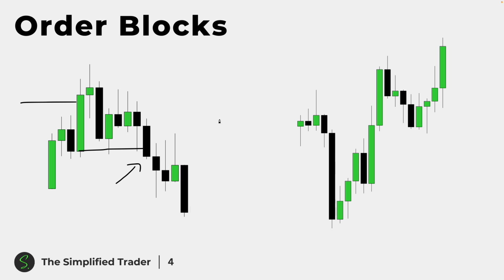A change in the state of delivery is the process that forms an order block. So I might use change in the state of delivery, or I might say order blocks. Please don't get confused. It is the same thing. Now, as soon as we close below the opening price, not the wick low, the opening price. Why do I use the opening price and not the wick low?